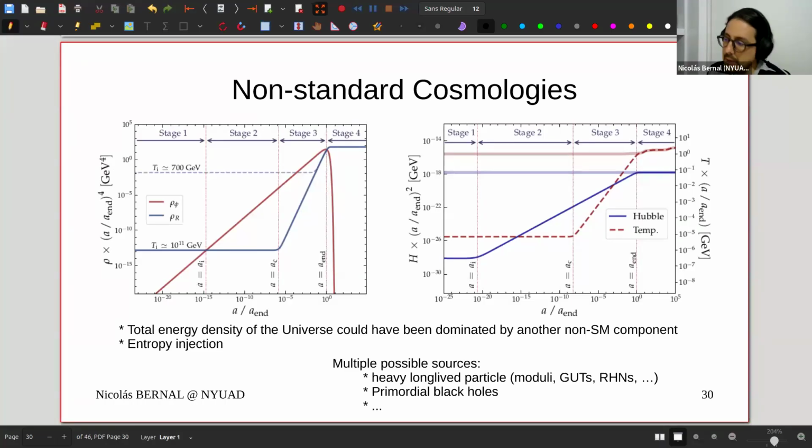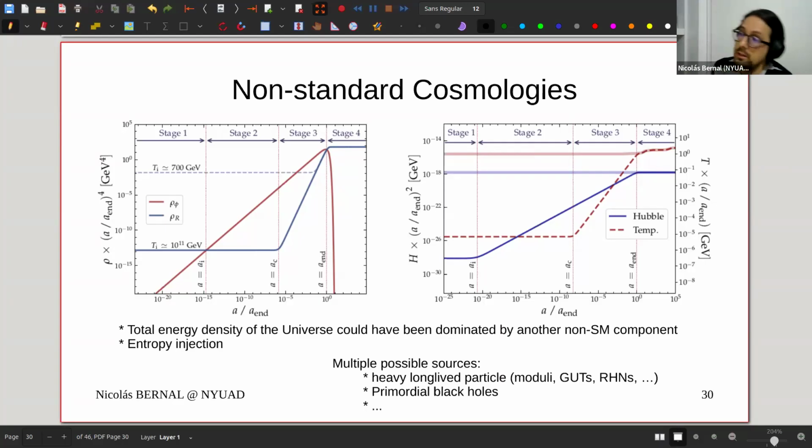So long enough. You have moduli in string frameworks, or in grand unified theories you also have candidates for this, or even just right-handed neutrinos. For leptogenesis, you need a right-handed neutrino with mass, I don't know, 10 to the 10 GeV, something like this. It could be long-lived.